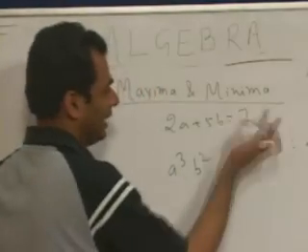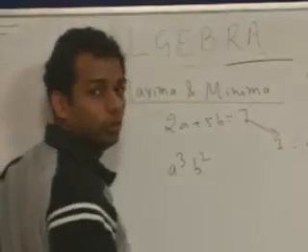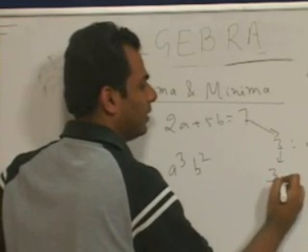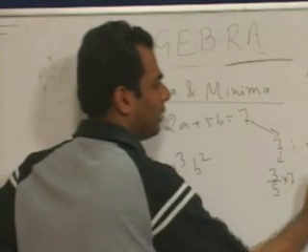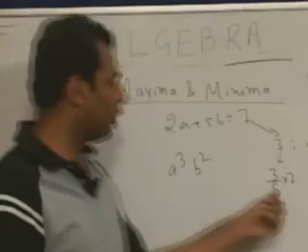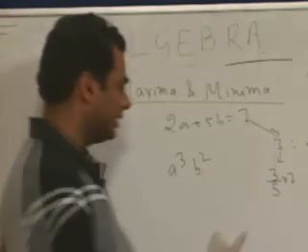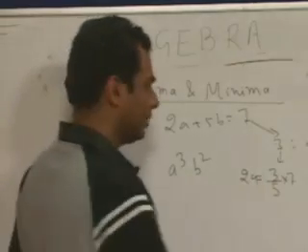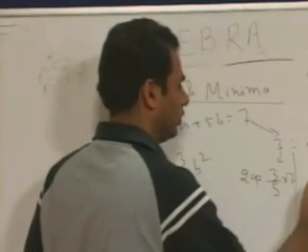So the first part will be 3/5 into 7 and the second part will be 2/5 into 7. But remember one thing, these are not the values of a and b. This is basically the value of 2a, and this is basically the value of 5b.